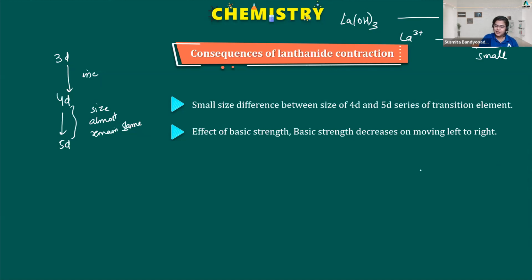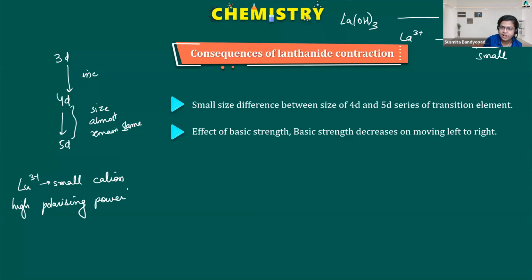I have one more idea. If I think that the small cation has high polarizing power, as compared to the others, it means greater covalent character of Lu(OH)3. If its covalent character is more, it will not dissociate easily.